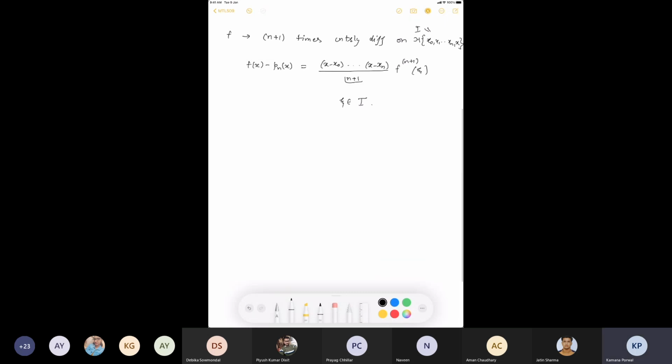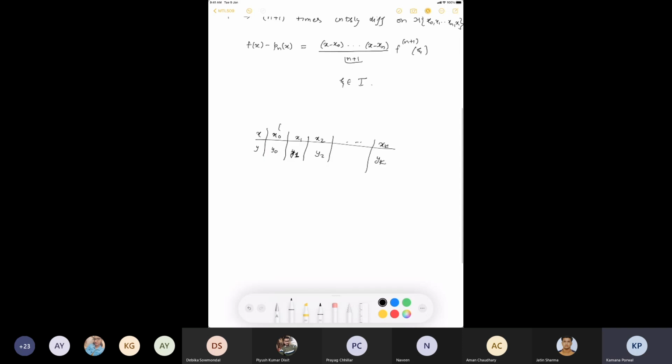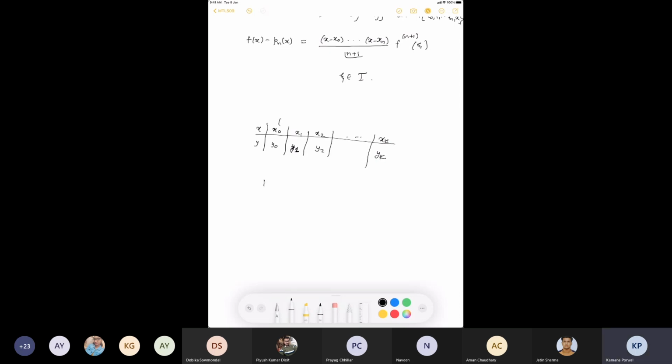Suppose we are given a data set, so you have the x_i's and y_i's, say up to x_k. So you can find your Lagrange interpolating polynomial using this set of data. So suppose we have found p_k(x).